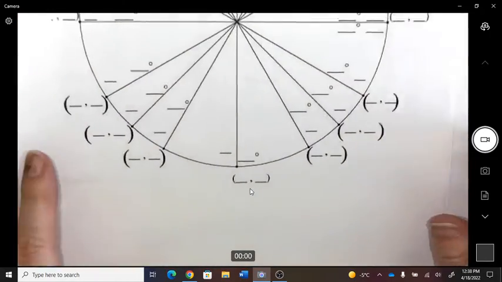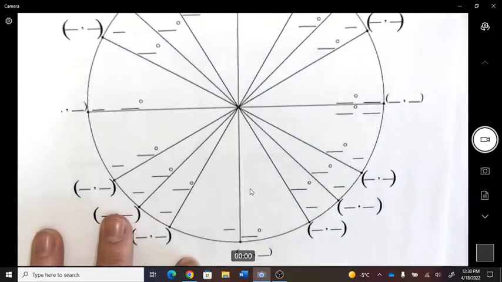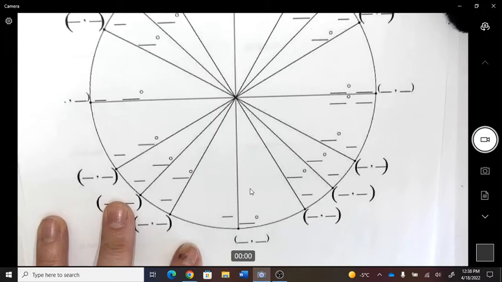Okay, so you're gonna have this on your test. Tomorrow, you're gonna replicate it with a blank one.